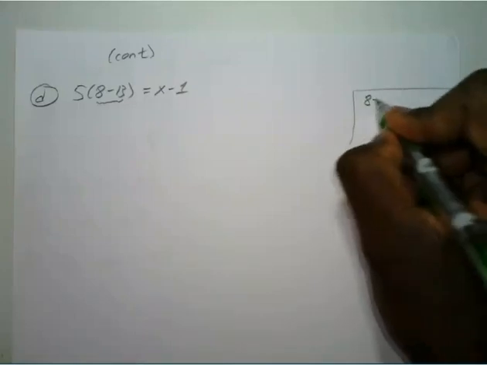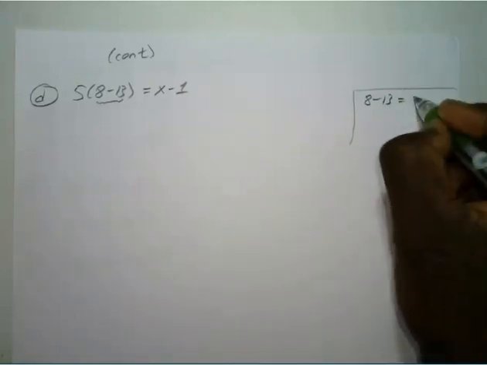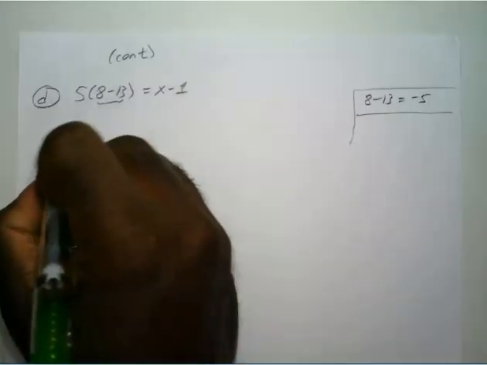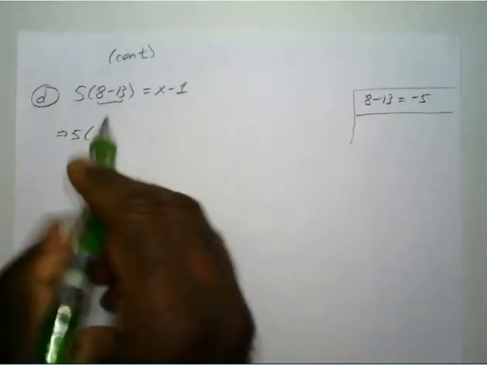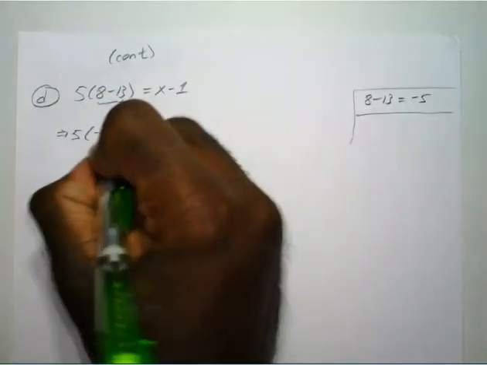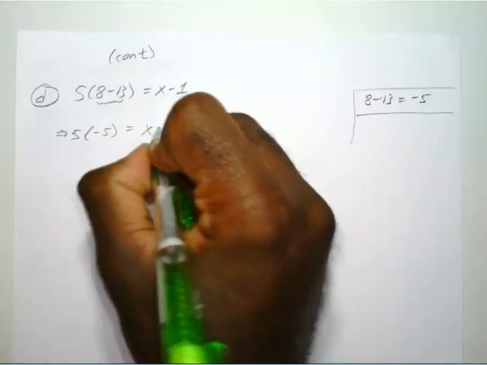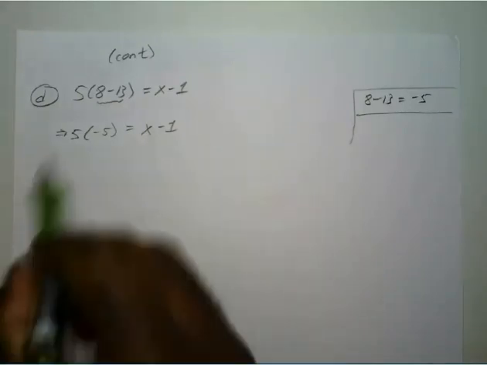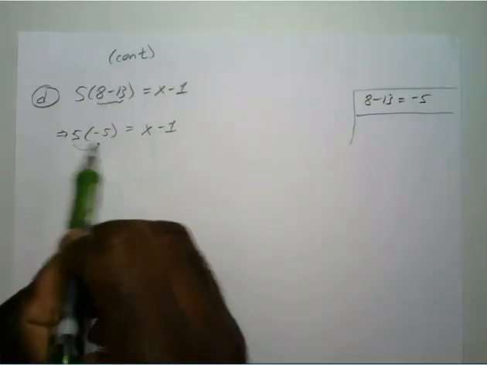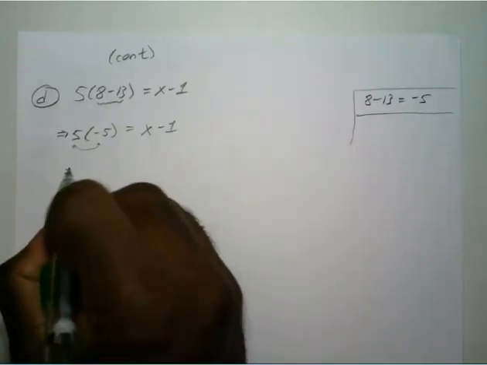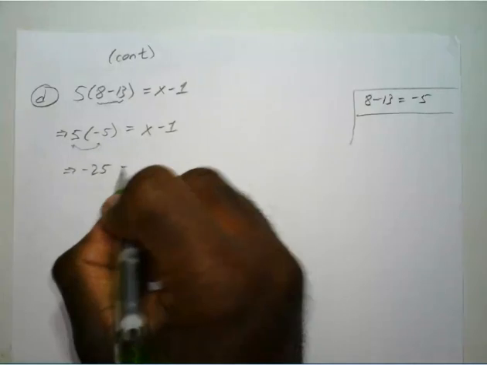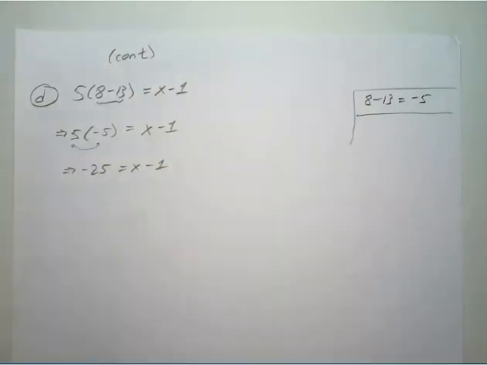So we know that 8 minus 13 is negative 5. So this becomes 5 times negative 5 equals x minus 1. Okay. So we have 5 times negative 5, which is negative 25, is equal to x minus 1.